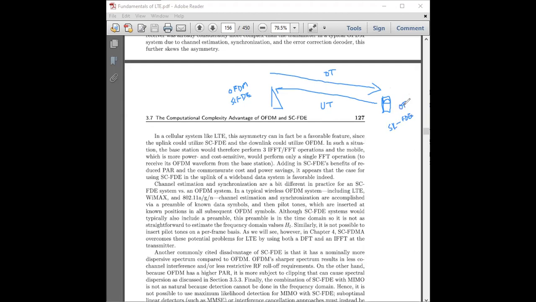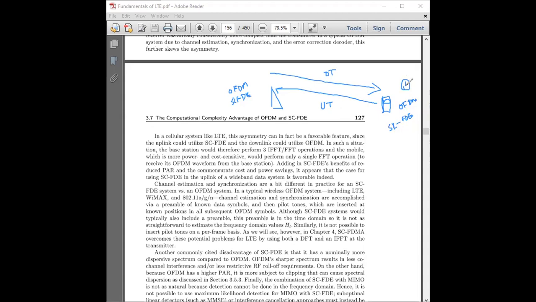So what's the difference, by the way? As per the entire design, what happens? OFDM contains one FFT action, one IFFT action. When the data is being transmitted from the mobile phone to the tower, you have to do one IFFT. Whether it's FFT or IFFT, the computation complexity is the same.